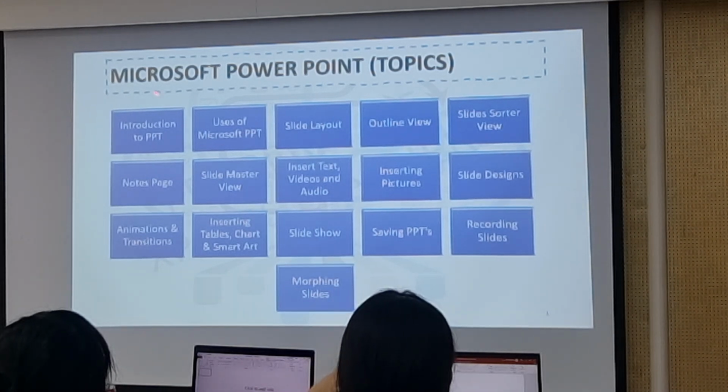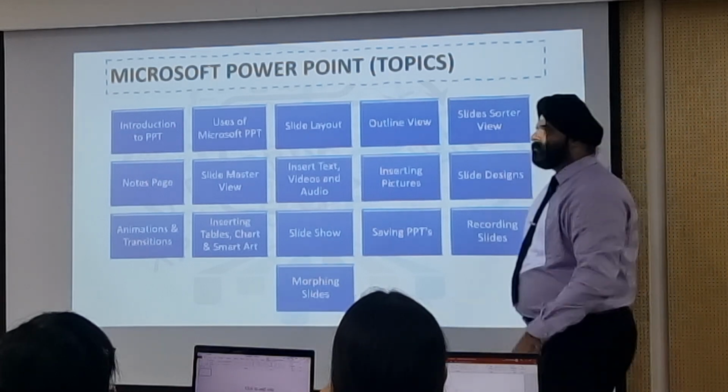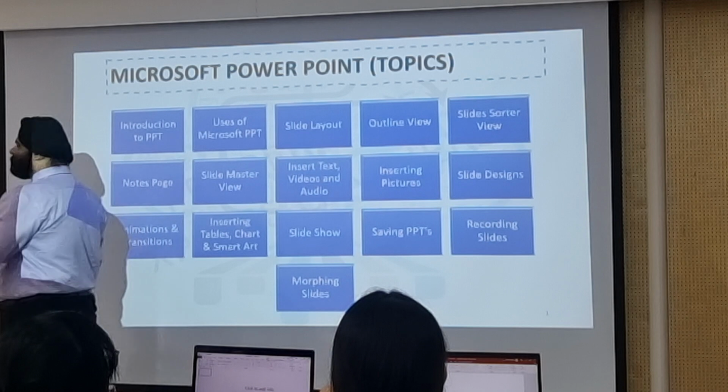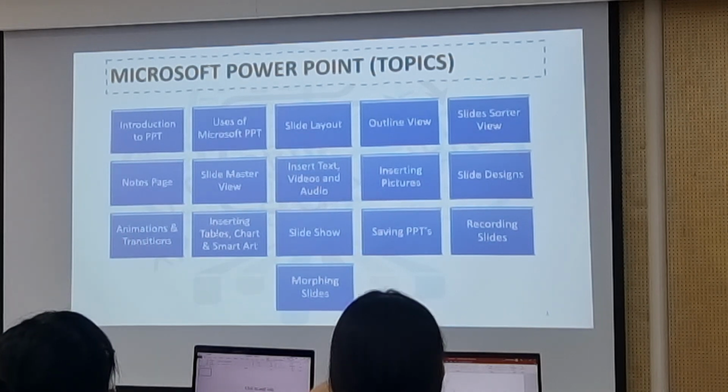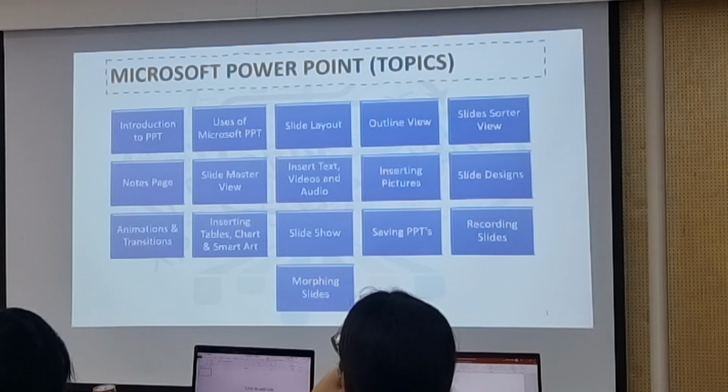Now tell me, out of all these things, how many things are already known to you? But let's do like this. What are the things which are not known to you? Anybody can raise your hand. I will just give one person a chance. Tell me which one is something new here which you have never heard of. Morphing.